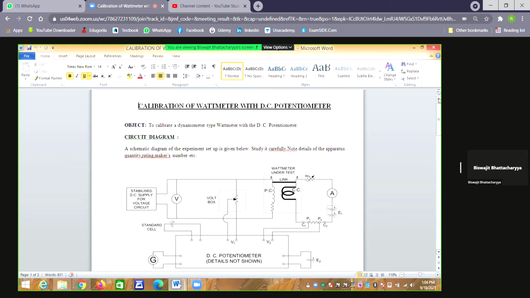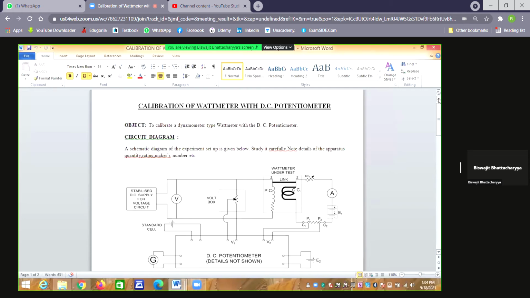For a wattmeter, we know it needs two things: the current and the voltage. And now we want to consider DC only, not AC here. So the DC voltage will be applied to the pressure coil of the wattmeter, and the DC current will be applied to the current coil of the wattmeter. The wattmeter will give some reading, the multiplication of that DC voltage and DC current.